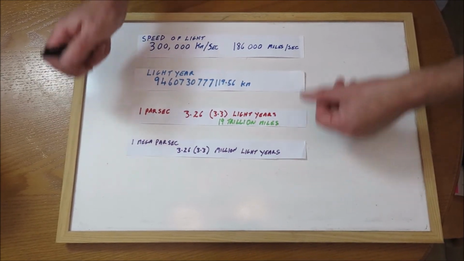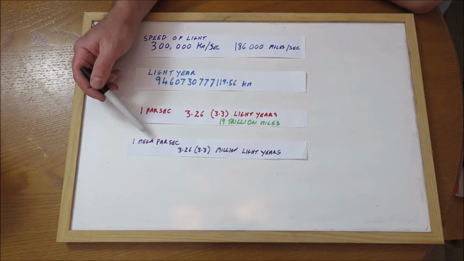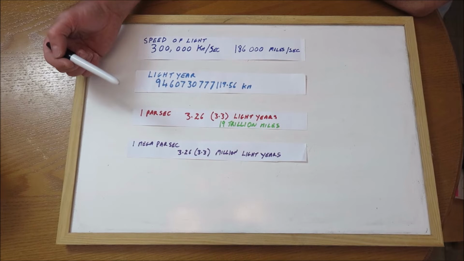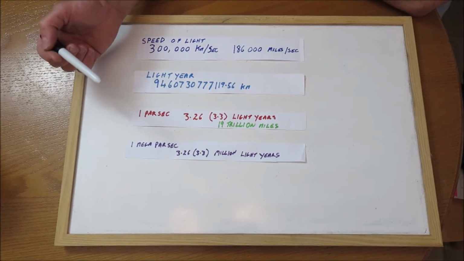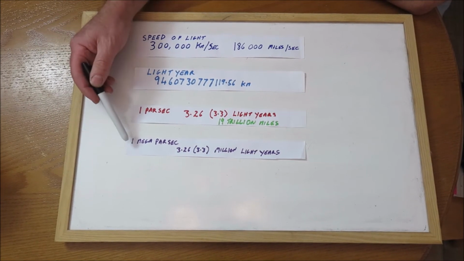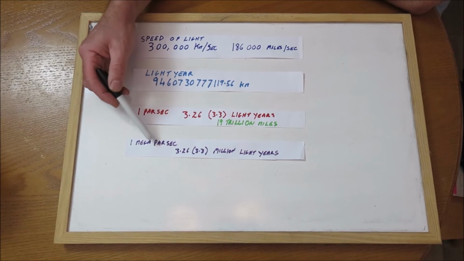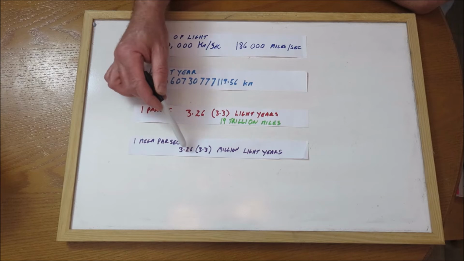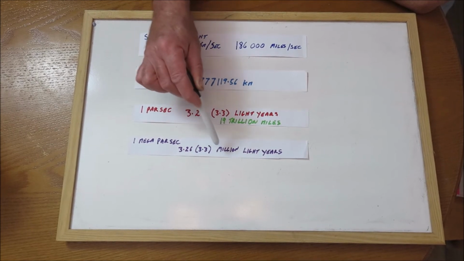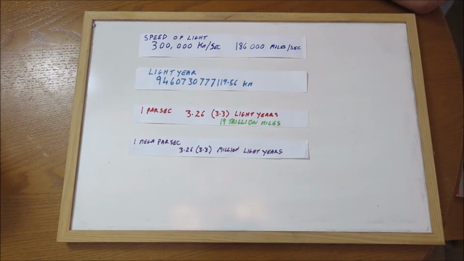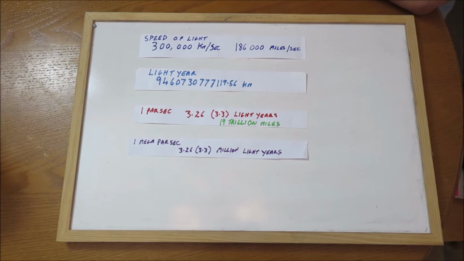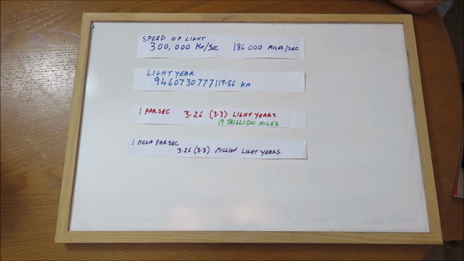Anything with the term mega in it means a million, like a kilo is 1,000, a deca is 10, and a centi is 100. So a megaparsec is 3.26, once again rounded up to 3.3 million light years.